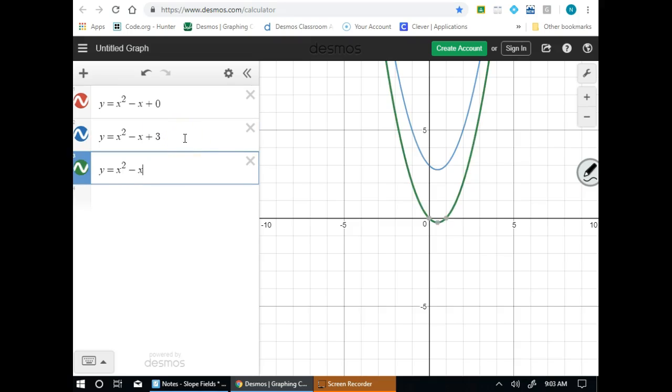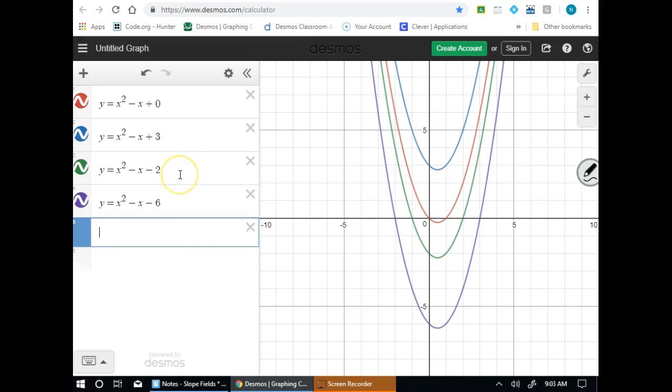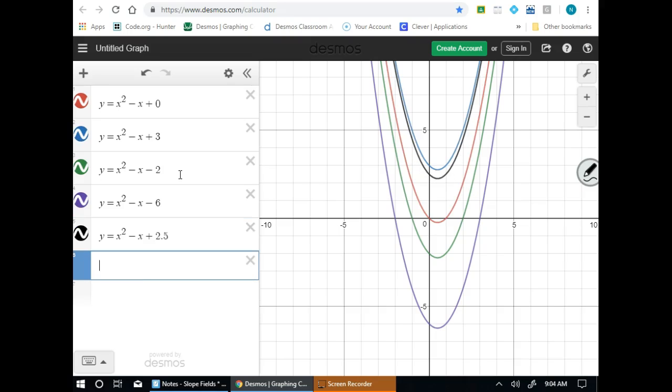Maybe c is negative 2. Maybe c is negative 6. Maybe c is positive 2.5. So you have an infinite number of solutions, but all of them have the same shape. The only difference in this particular case is that they've been moved up or down.